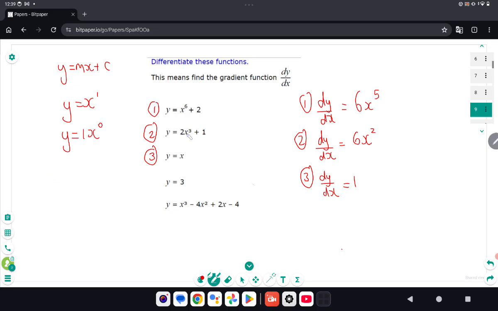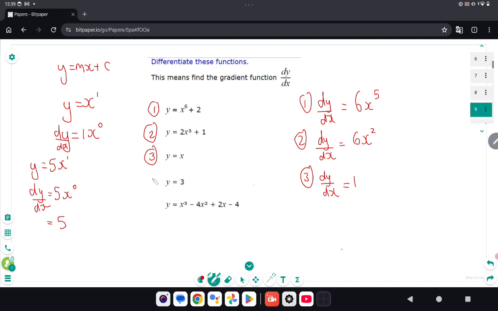Similarly, let's have a look at y equals 5x. Again, if we had to assign a power, x to the power 1, times by the power, take 1 off the power. Oops, sorry, that should have said that here. It would be 1 times 5 is 5, x to the power 0 is 1, so we would have got 5 times 1, which is 5.